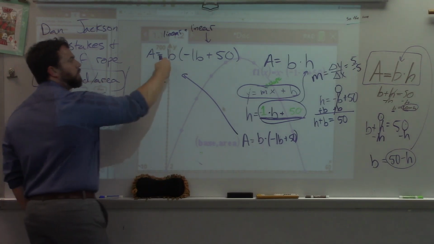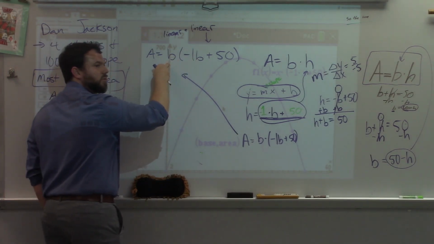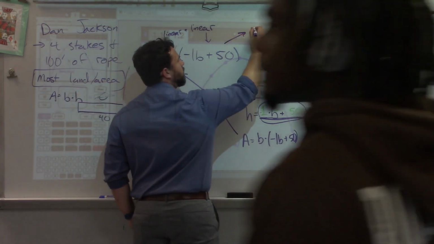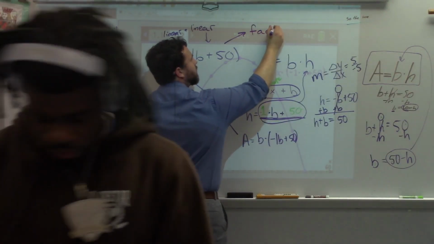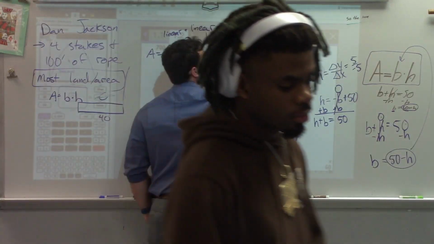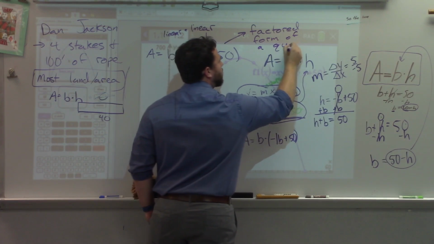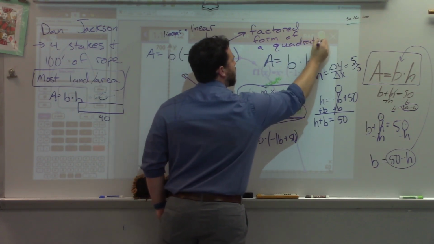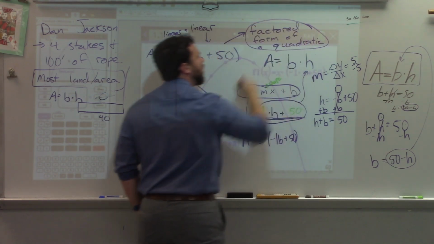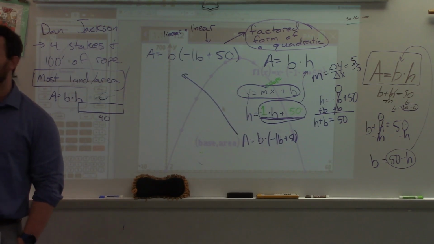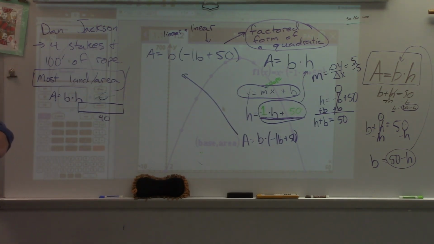You see how I'm multiplying these linear factors? So this is known as the factored form of a quadratic. So, listen. One way to recognize a quadratic is it's a linear expression times a linear expression.